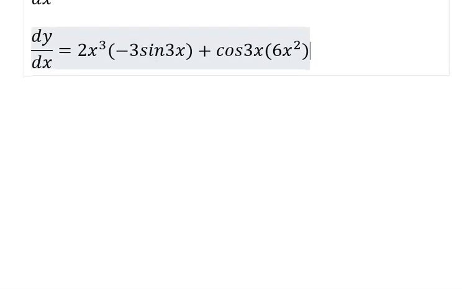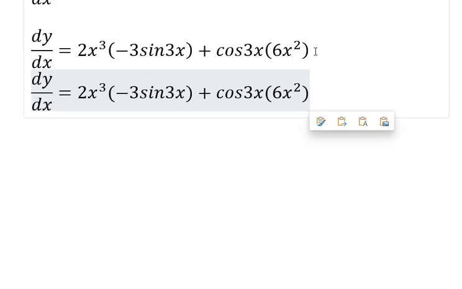So all we just need to do is to open it up and see what we can do to it. If we want to open this up, let's just multiply this number. 2 times 3 here will give us 6, definitely, but we have a negative sign here, so we just have our minus 6x cubed, multiplying with sine 3x.